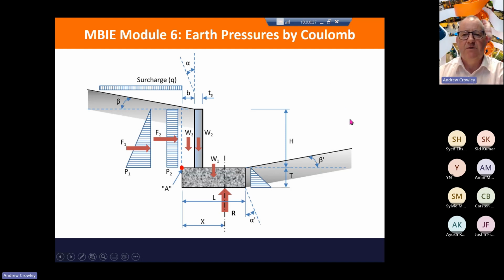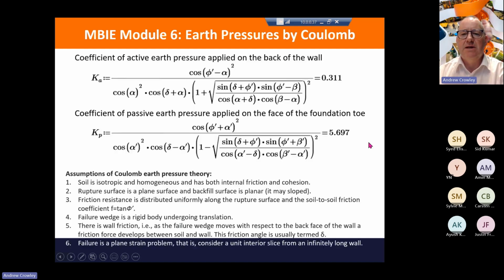So this makes life a lot more complicated, and to get that, we use these formulas here. So the active pressure coefficient, Ka, is given by this formula, and that takes into account the angle of the ground and the angle of the back of the wall. Similarly, you've got the passive pressure coefficient, Kp.